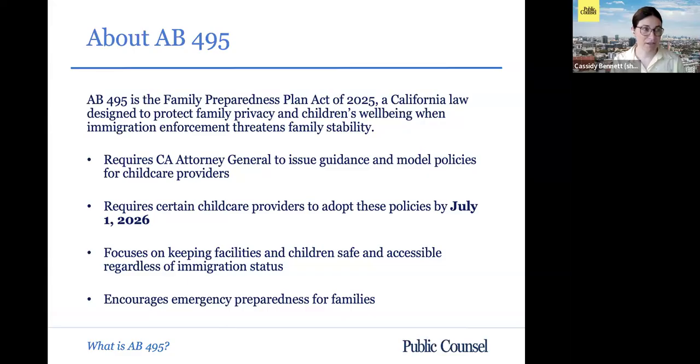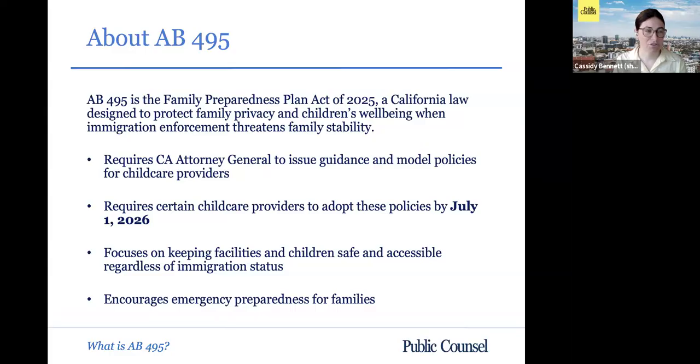So last year, California passed a new law called the Family Preparedness Act of 2025, which we'll be calling AB 495, to protect family privacy and children's well-being. It became effective January 1st of this year, 2026.